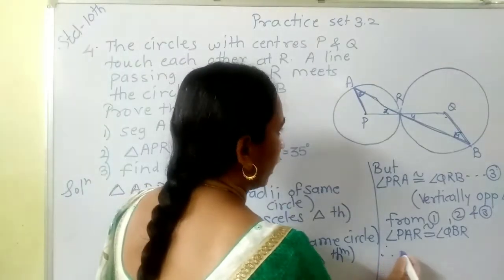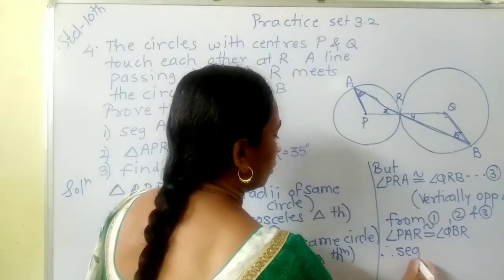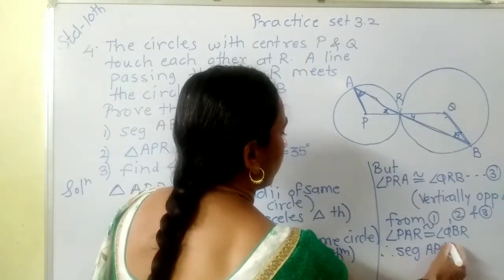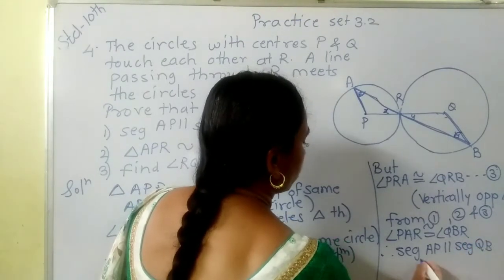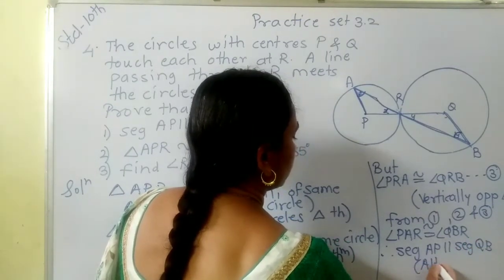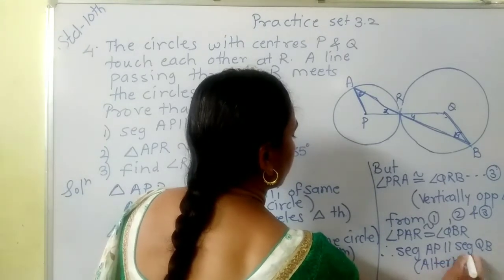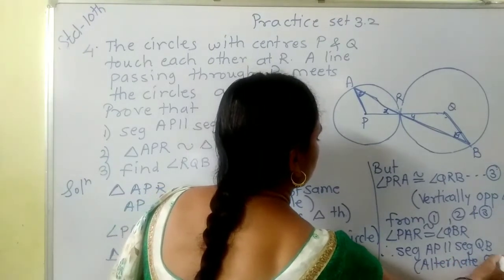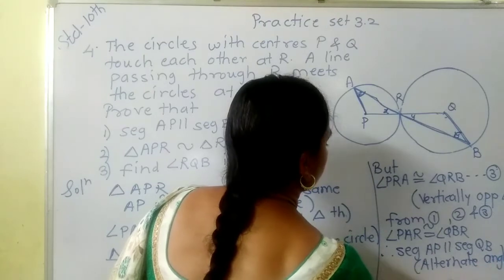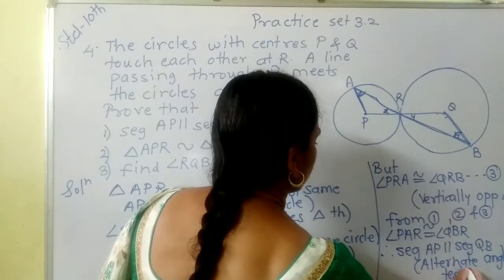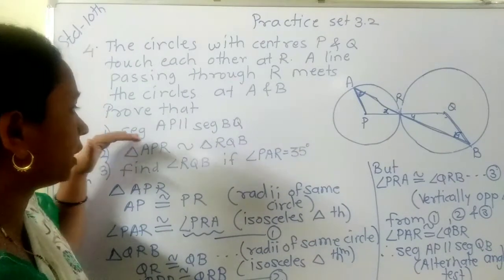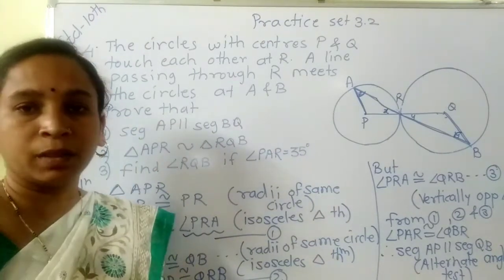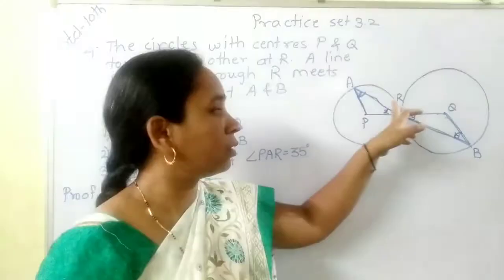So therefore I can say that segment AP is parallel with segment QB. Reason for this: alternate angle test. So here we have proved the first statement, that segment AP is parallel with segment BQ.